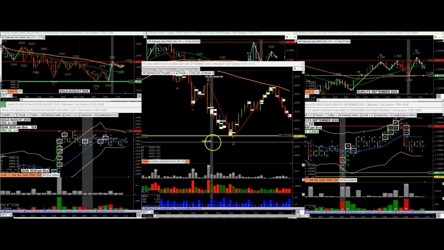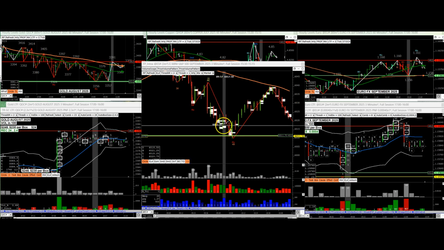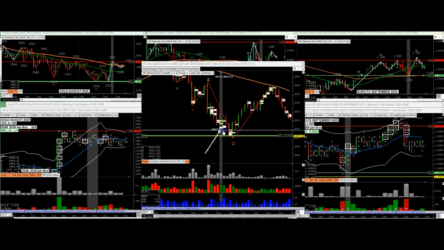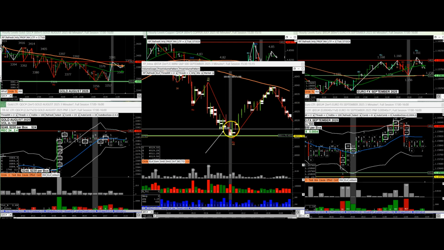This bar, on the downswing, is the biggest volume per price in 25 bars, and it is 1.37 times average. And then 2 bars later, we have our reversal.